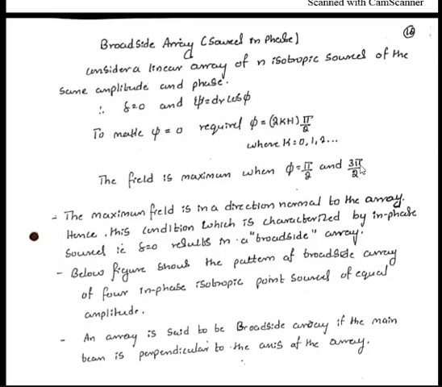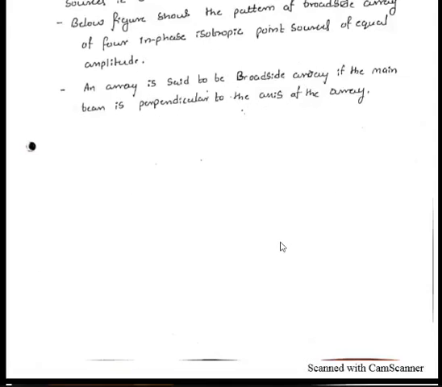At this point the field will be maximum. This is the broadside array case. The maximum field is in the direction normal to the array, hence this condition, characterized by in-phase sources, that is delta equal to 0 with no phase difference at all, results in the broadside array case. This is the first case.